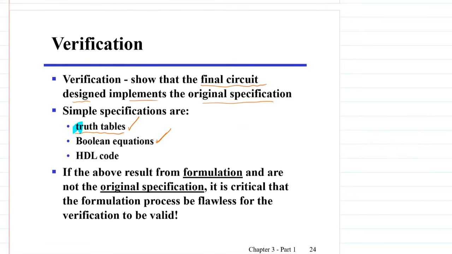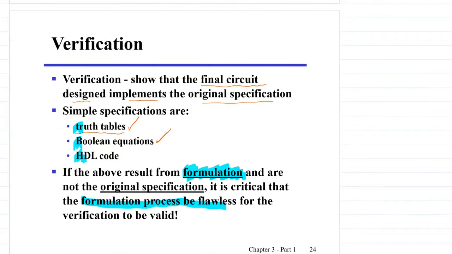Something important here is that if what we have as the truth table, Boolean equations, or HDL code are the result of the formulation obtained by the designer and are not the original specifications, then it's quite critical that the formulation process be flawless for the verification to be valid.